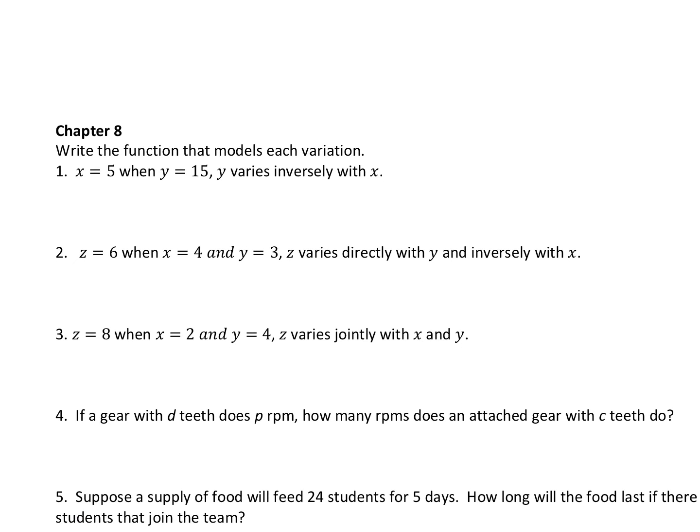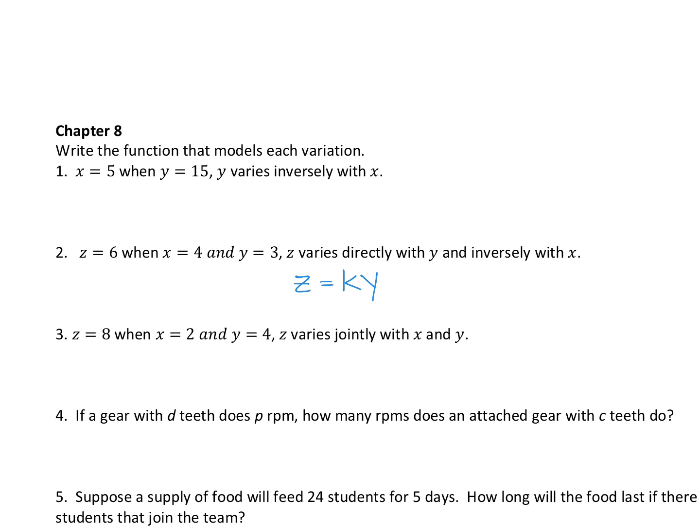Okay, number 2, it says z is 6 when x is 4 and y is 3. And then it says z varies directly. Remember we said z varies is equals k. Okay, directly means what? Multiplication or division? If it varies directly. Multiplication. So directly with y would be times y.